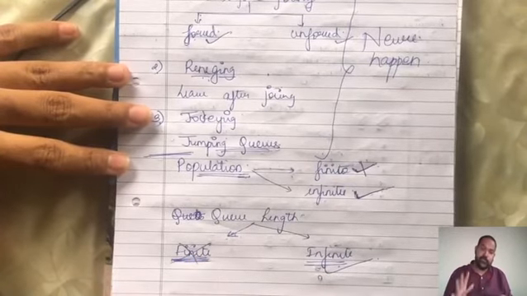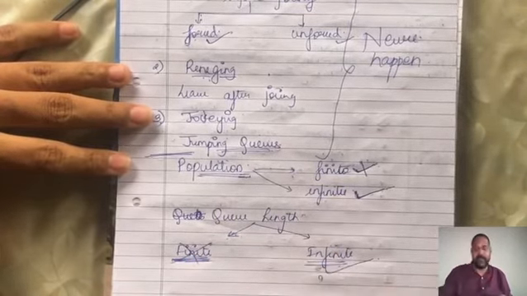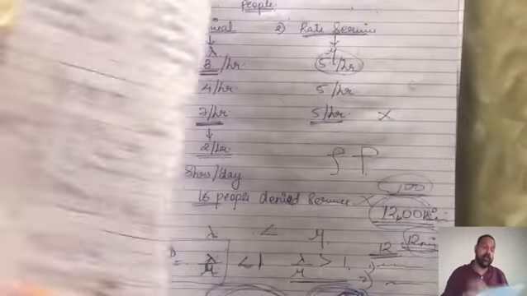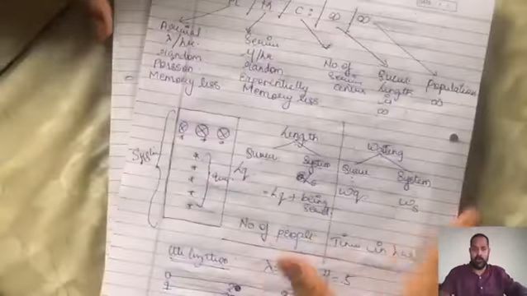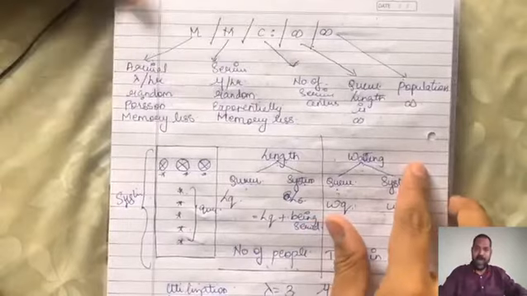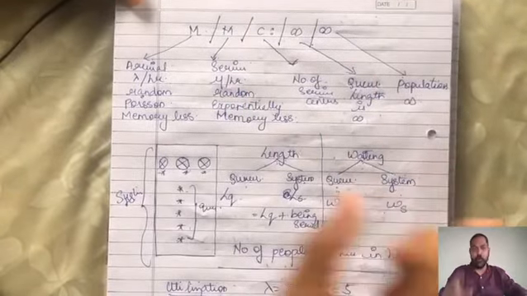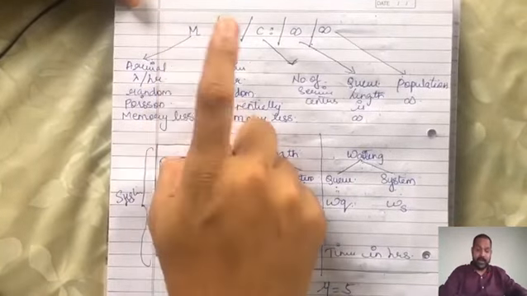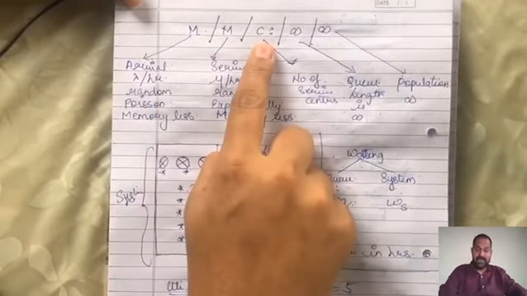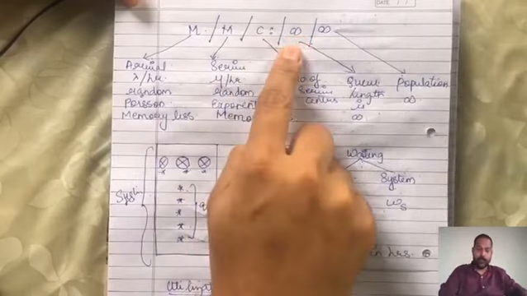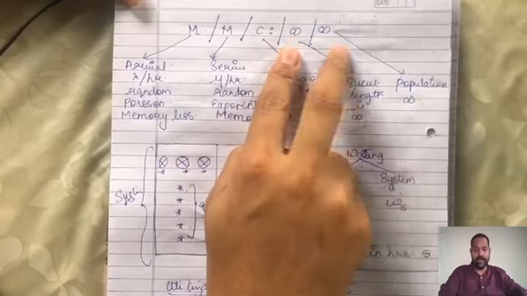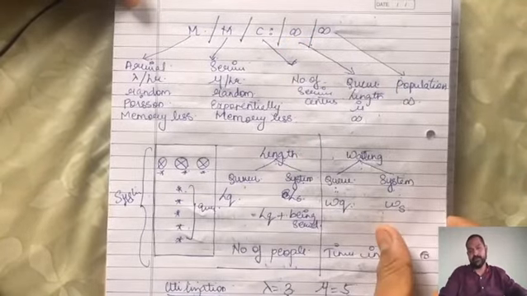We are always going to assume an infinite population with an infinite queue length. We are doing the most general form of a model. And that is why our model is going to be an M/M/C/infinity model, where we are going to talk about random arrival, random service, C number of servers with an infinite population and an infinite queue length.